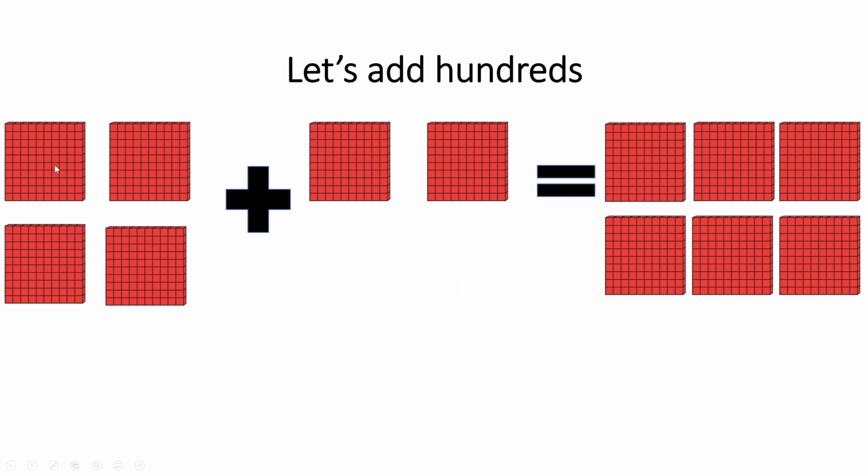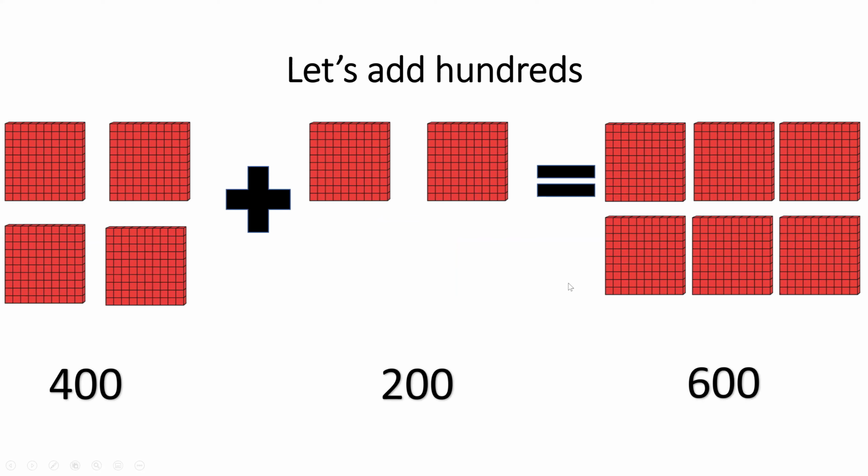Are you ready? Count with me. 100, 200, 300, 400. 400 plus 100, 200. 400 plus 200 equals, let's count, 100, 200, 300, 400, 500, 600.